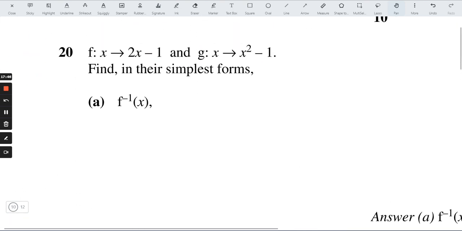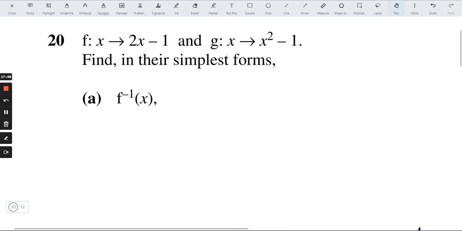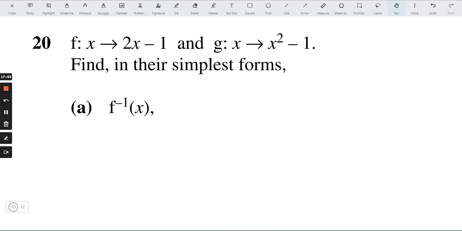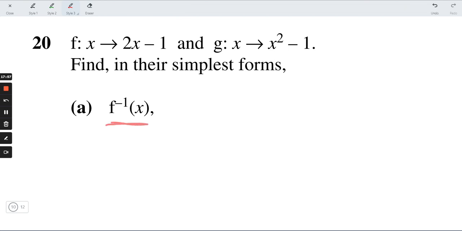Question 20 needs us to find their simplest forms. We have two functions here, so they need f inverse. So we know that if you apply f, you will get f of x, and if you apply f inverse, you will get x.